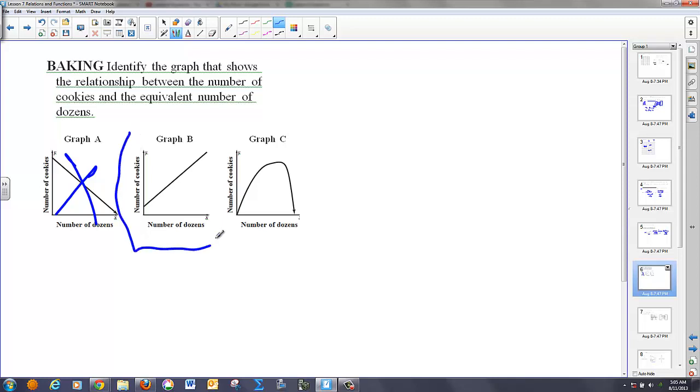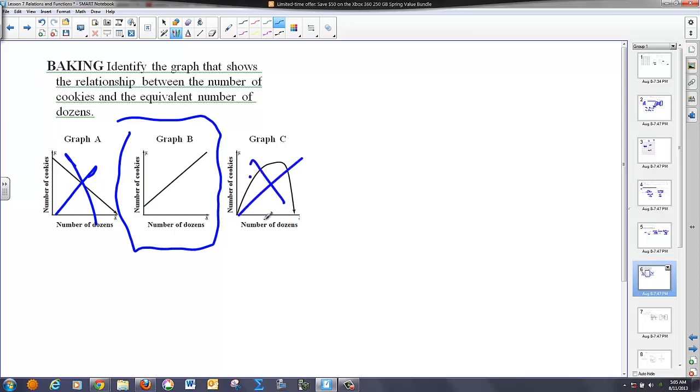And that's right here. Notice this graph says as my dozens increases, so far my number of cookies increases, but it falls apart here. My dozens increase, but my number of cookies is going down, so that just kind of throws that whole thing off.